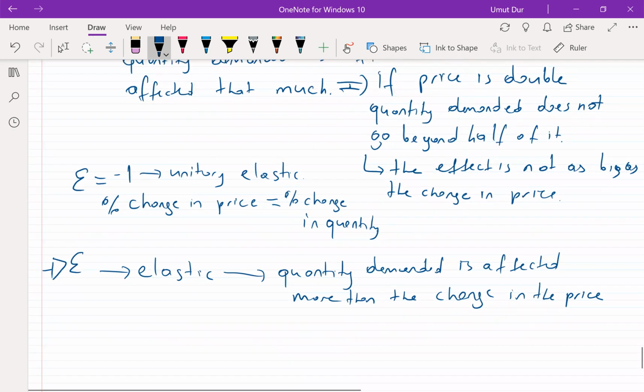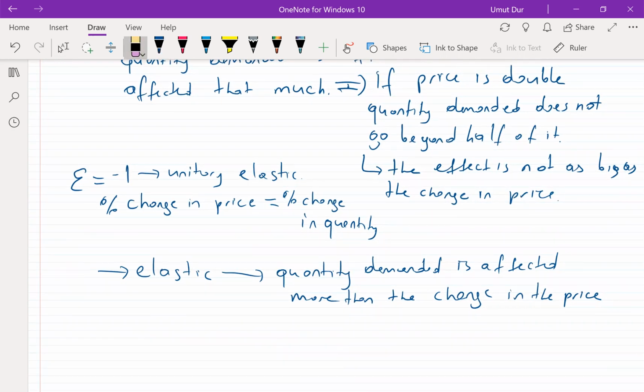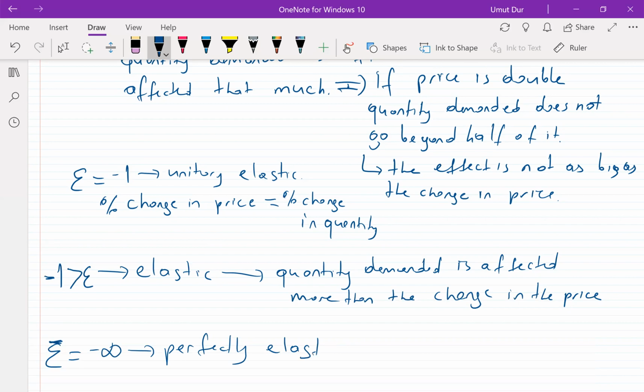Okay. If it is equal to -infinity, then we say that it is perfectly elastic. Okay.